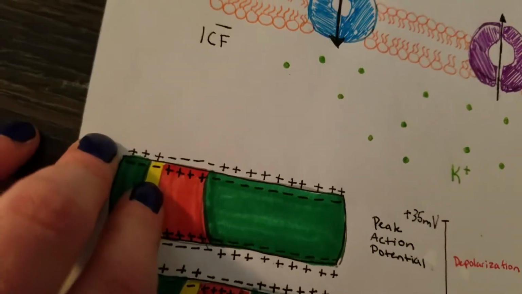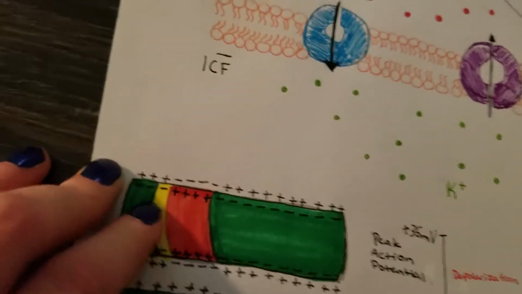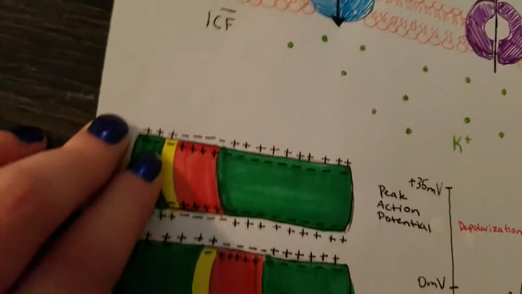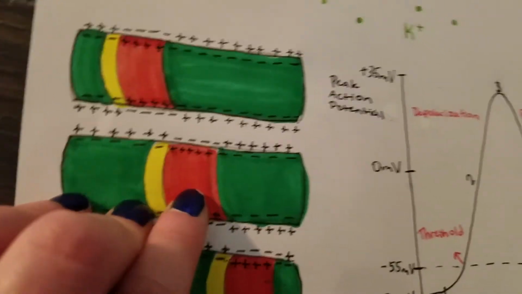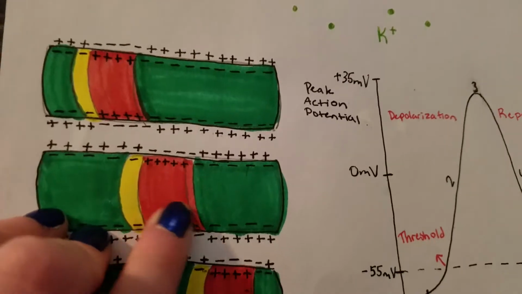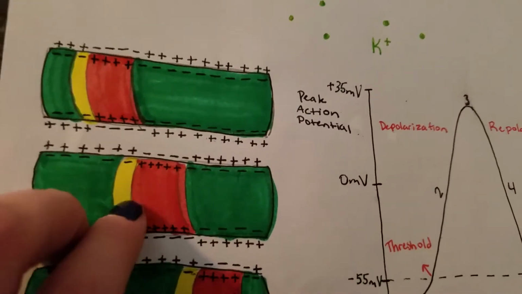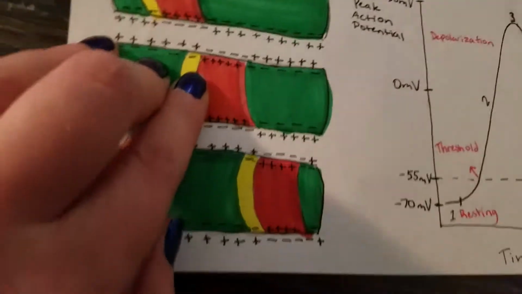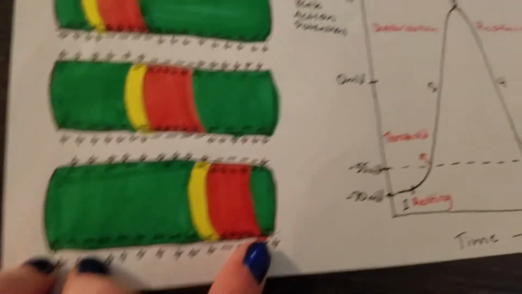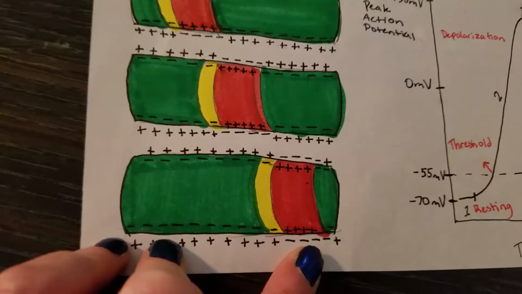And this right here is when it goes into recovery, and then it goes back to its resting membrane state. And then you can see it going down the axon more, making it positive, and then going back to negative, and then it continues along the axon.